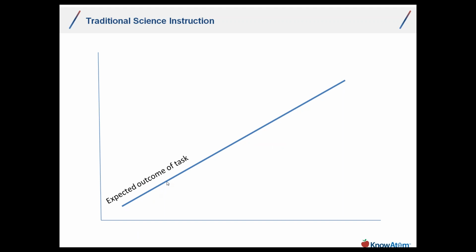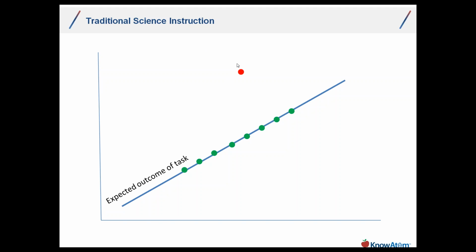So if a student does something, they're going to end up with some particular outcome. And so the hope is that you see everybody falling on the line of what you expected, right? So under traditional models of instruction in science, the idea is that if all students produce the correct outcome, they're all proficient, we can all move on.